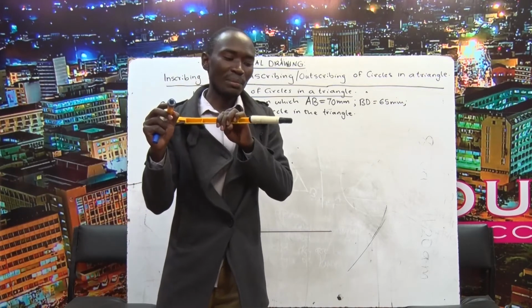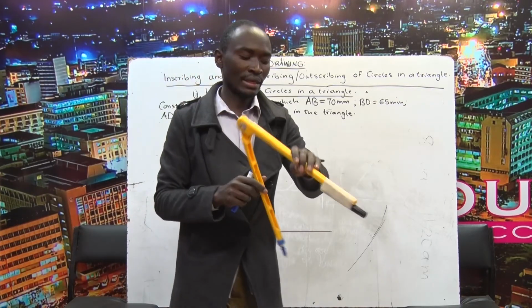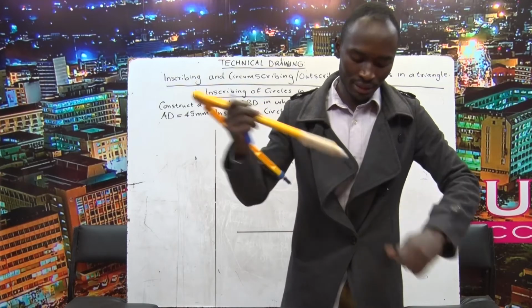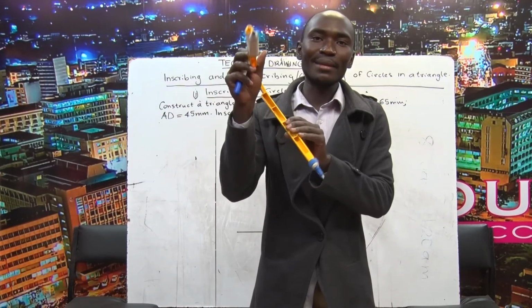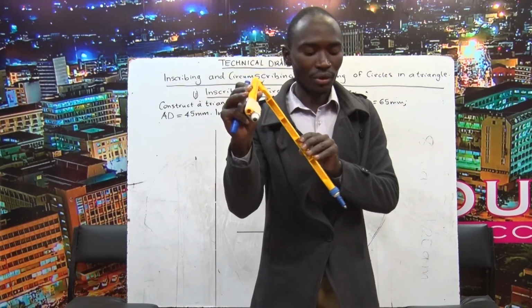So you take up your compass like this, then take the measurements on your ruler.